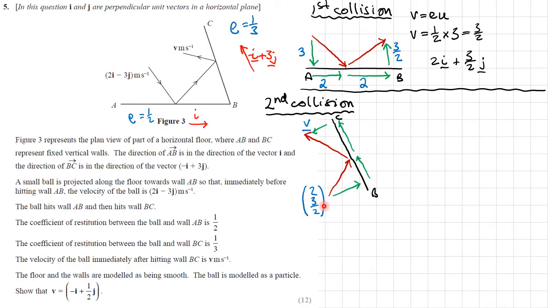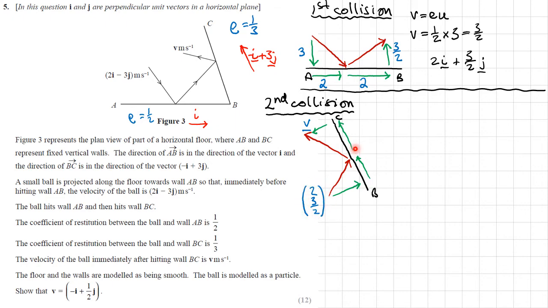Now move on to the second collision. So the ball's moving with this velocity here, 2, 3 over 2. Now I may just use column notation in this next bit rather than i and j, just for saving some space, because to work out these components of the velocity, because the wall's not horizontal or vertical, I need to use unit vectors which run parallel and perpendicular to this wall, and I'm going to have to use the dot product, and I'll find it a bit easier to do the dot product when I'm dealing with column vectors.